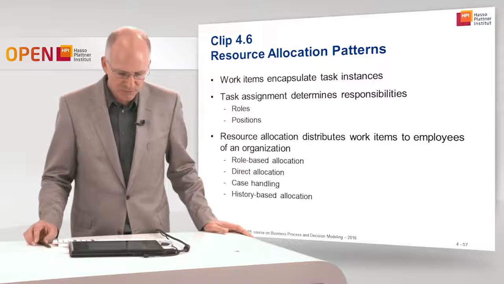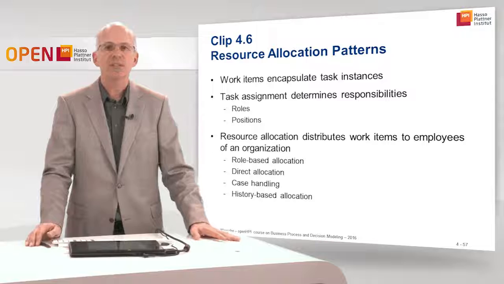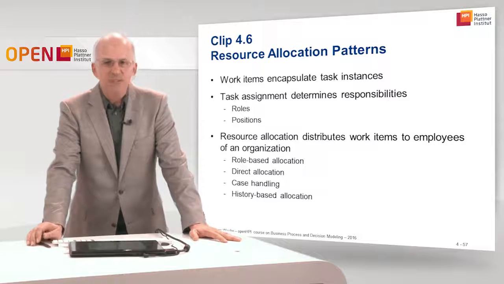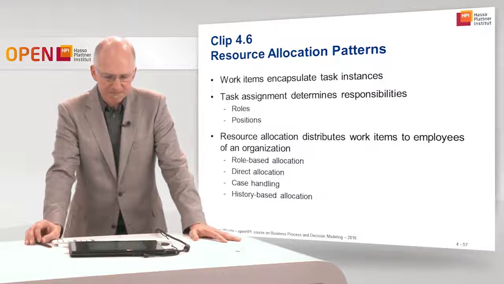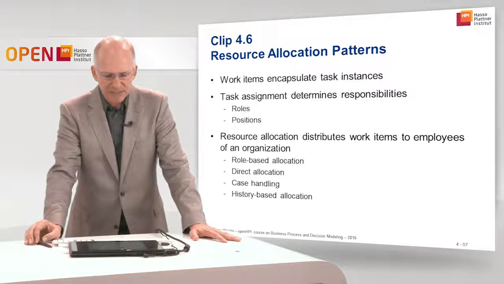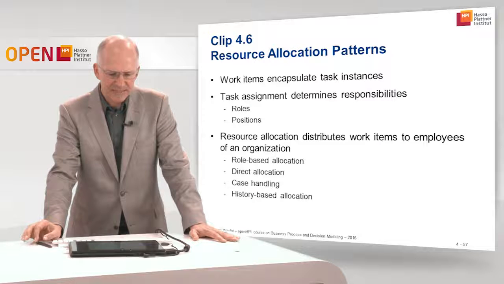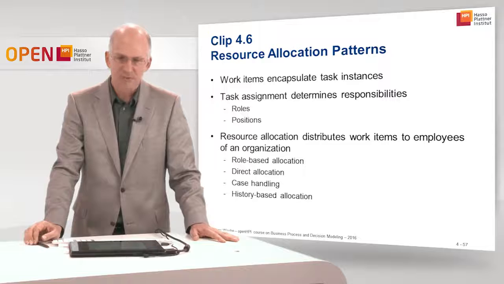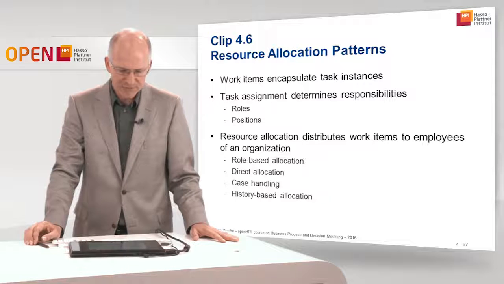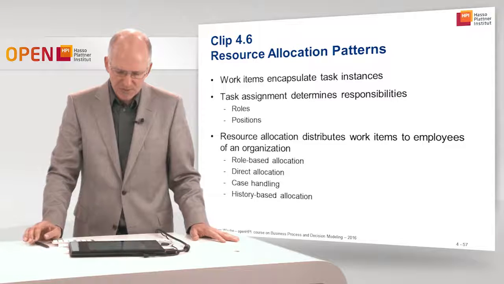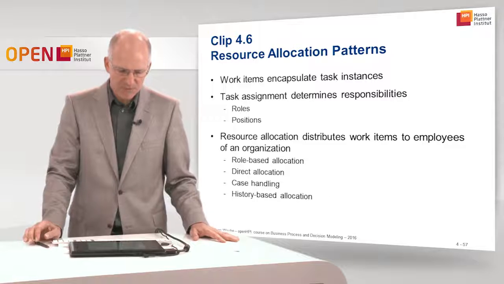All right, that brings us to the end of video clip 4.6, in which we discussed resource allocation patterns. We talked a little bit about activity instances. Often the term work item is used there to encapsulate these activity or task instances. Task assignments determine responsibilities, so used roles and positions, in general resources for that. Resource allocation distributes work items to employees in an organization.